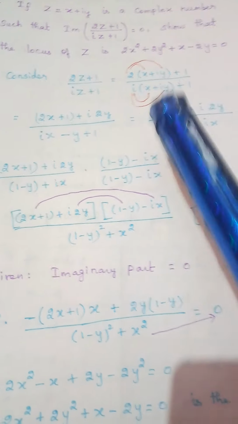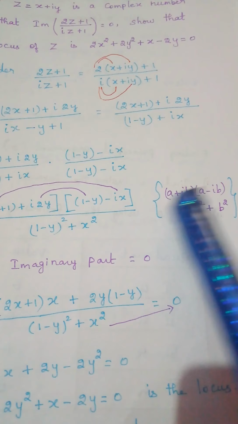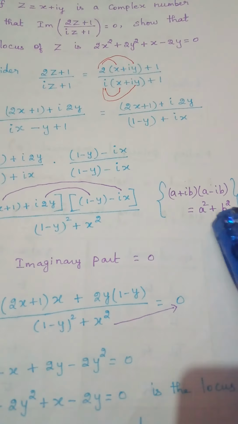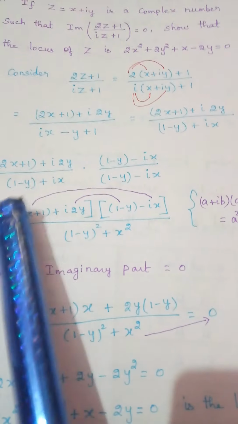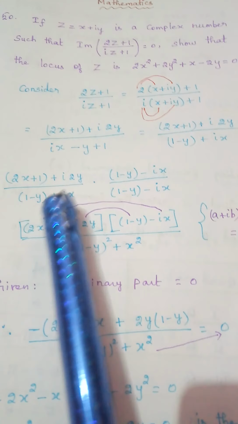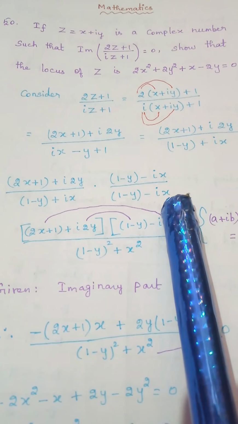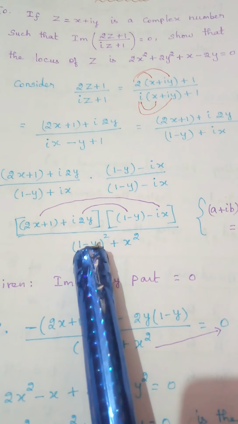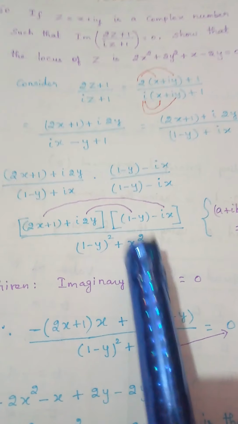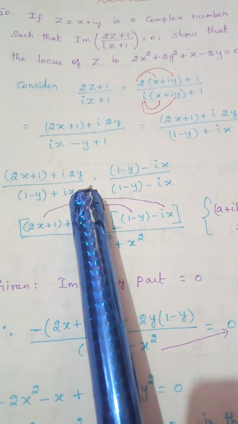Again we know very well a plus ib, a minus ib, the formula is a square plus b square. If you see the denominator, a plus ib and a minus ib are present. So what is the formula? a square plus b square. What is a? 1 minus y. b is x.